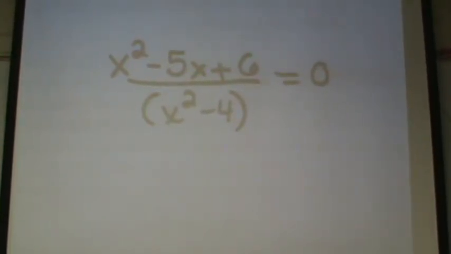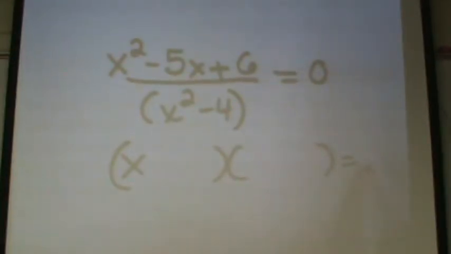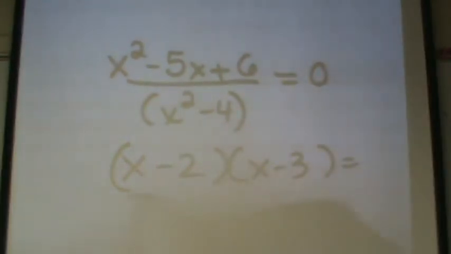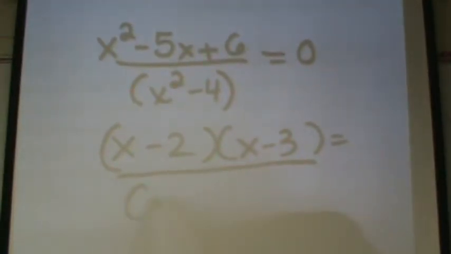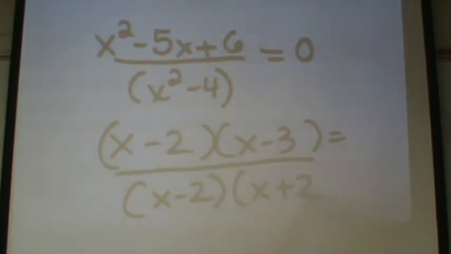I want the zeros for this. How do you factor that numerator? How do you factor the bottom? Then what?